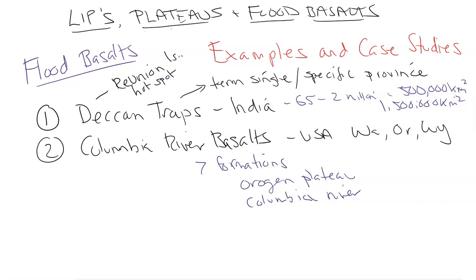Now, the Columbia River basalt is a bit different. This is linked to the current Yellowstone caldera and hotspot, whereby the North American plate has been moving in a southwesterly direction and has moved to its current location in Wyoming, but was further west in the past, and that's how these flood basalts in this region of northwest America formed.